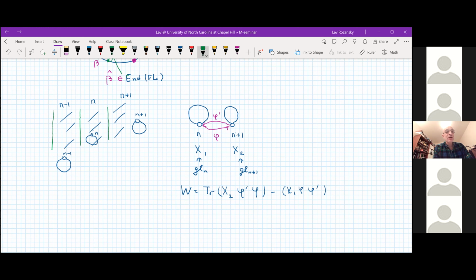But here we have two stacks of NS5s. There is a single NS5 which is related to T dual of Taub-NUT. It's hidden, it's related to Taub-NUT, and there is only one. And there is a stack of NS5s which is related to link components. So both give you quivers.